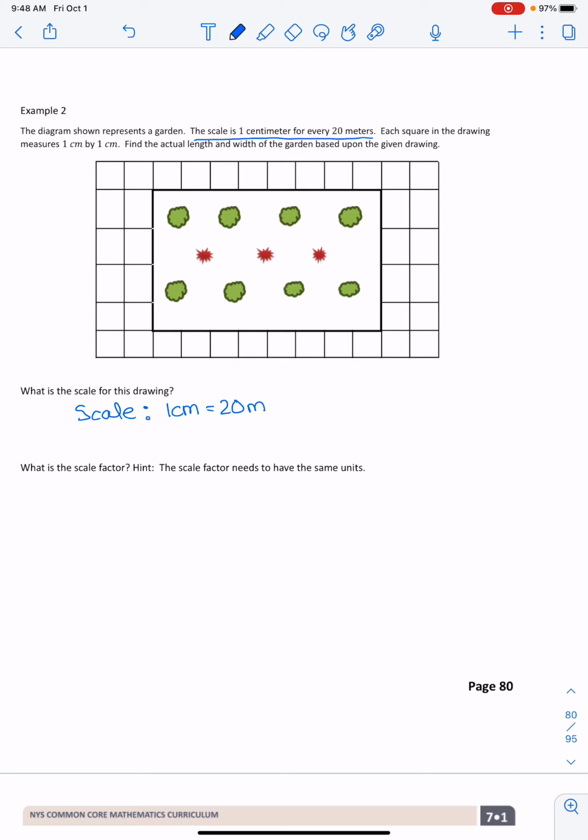Then it says, what is the scale factor? And again, they have to have the same units of measure. So we have our scale, which is 1 centimeter over 20 meters. But remember, we've got to change it to the same units. So remember from yesterday, we have King Henry's dear uncle died Christmas morning.